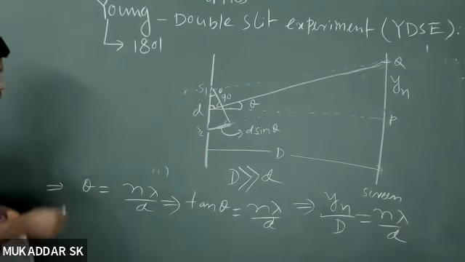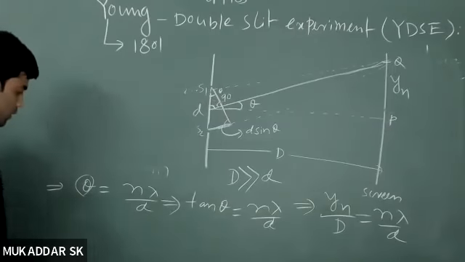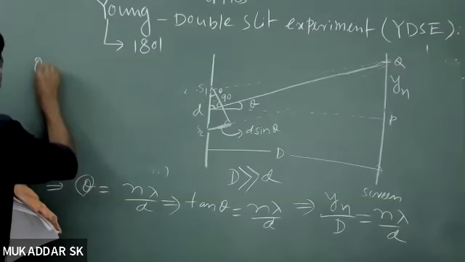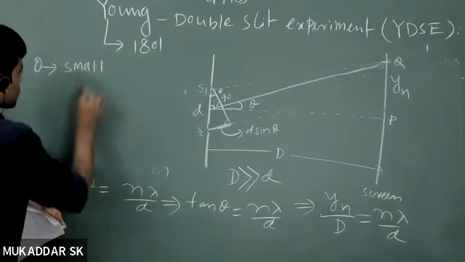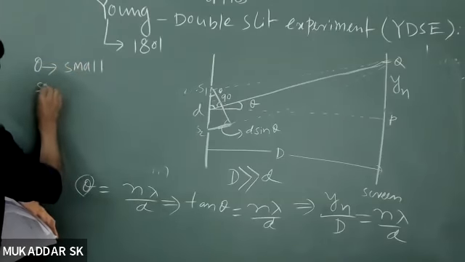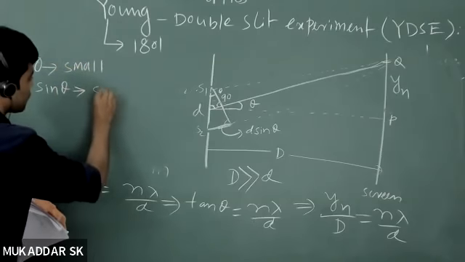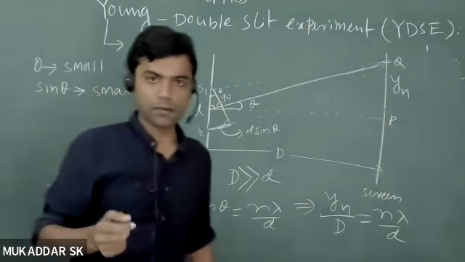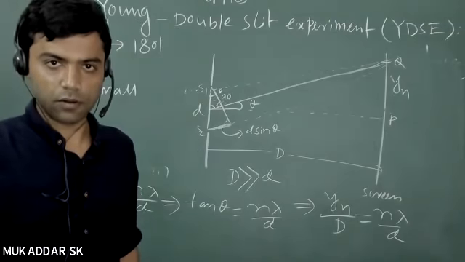You did not understand the tan theta concept? Okay, see, the condition is that when theta is small, the value of sin theta will be very small. If theta is very small, sin theta is very small.